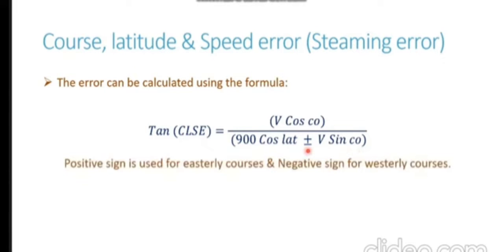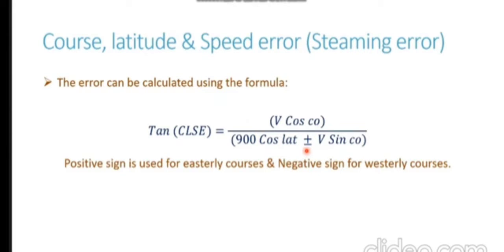Now this positive and negative sign which is mentioned in the denominator, positive sign is used when the ship is moving on any easterly course, any course which is having an easterly component, which basically means the ship is moving in the northeast quadrant or in the southeast quadrant.